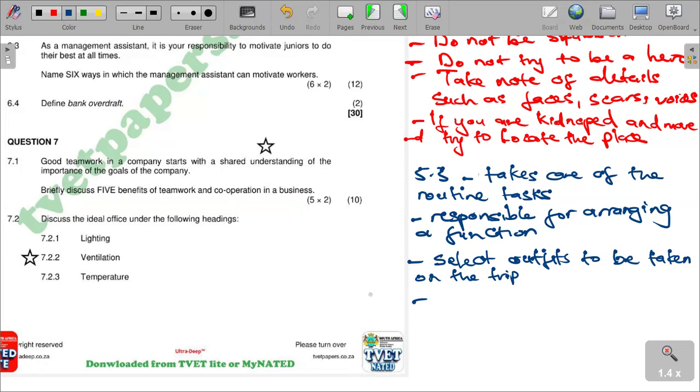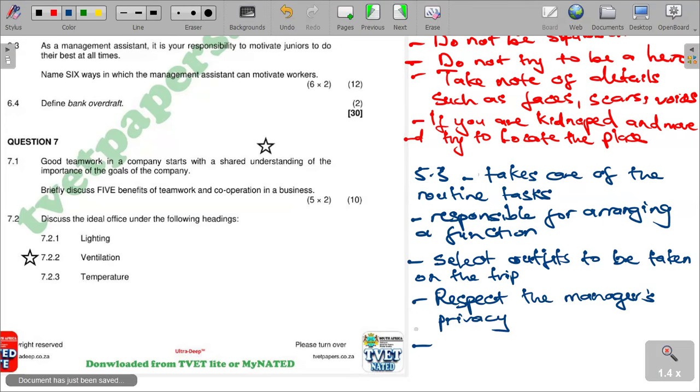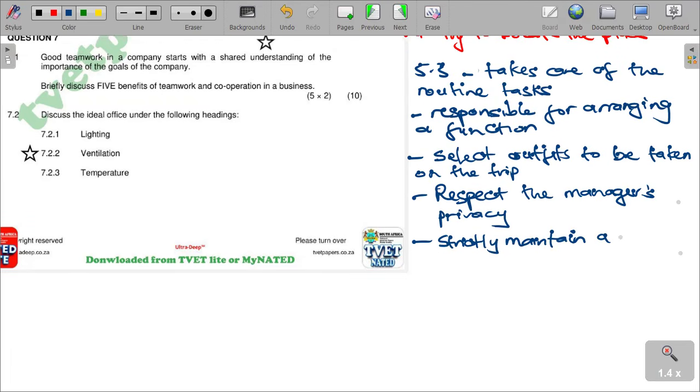As well as, you're supposed to respect the manager's privacy, as well as maintain a strictly professional relationship with the manager.